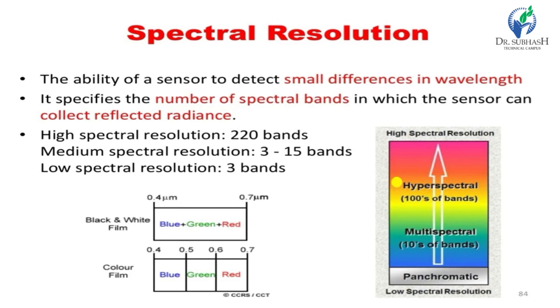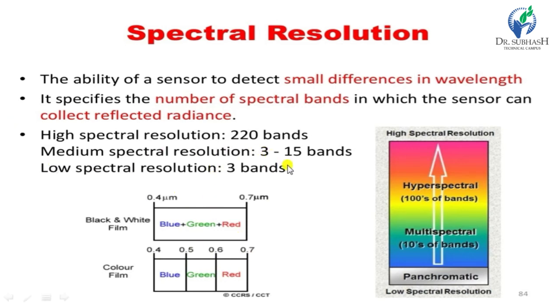For high spectral resolution, 220 bands. Black and white film has only 0.4 micrometer to 0.7 micrometer. And in the color film, 0.4 to 0.7 micrometer wavelength spectral resolution bands.